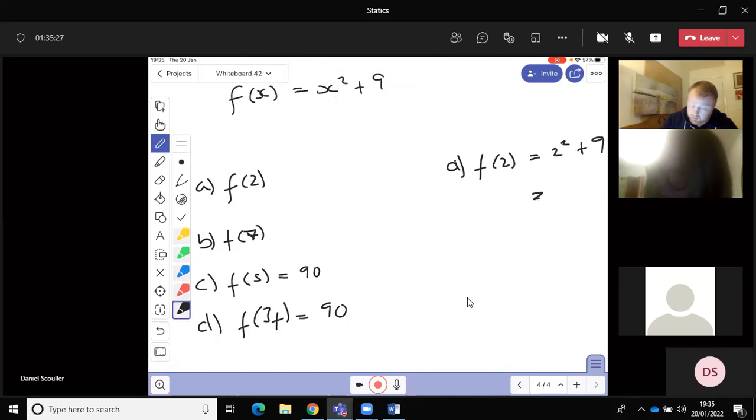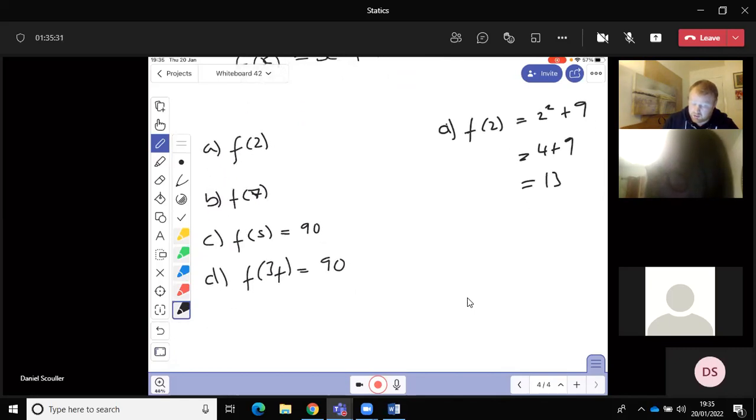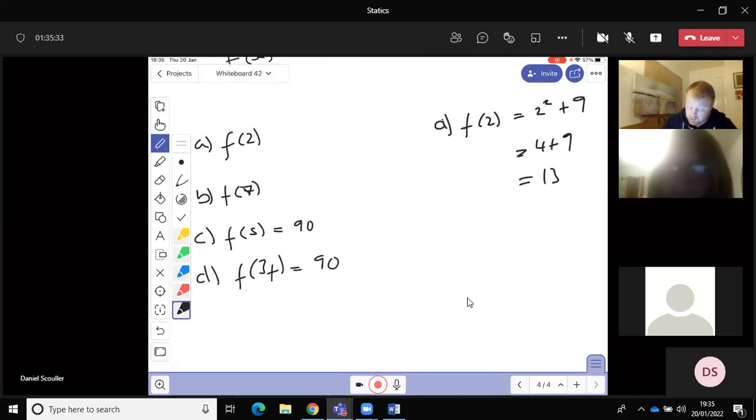That's just 4 plus 9, it's 13. There's nothing different in the way we treat it, it's just substituting that number in. Okay, f(7). Again, just 7 squared plus 9, 49 plus 9, it's 58.